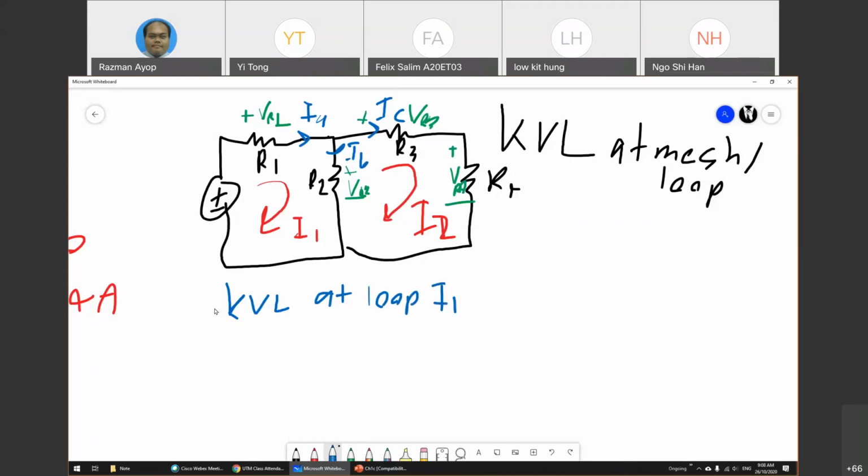When you do the loop, you meet negative first. Assume this is Vs. Because you meet negative Vs, then you meet positive VR1, then you continue the loop, plus VR2, equals 0.